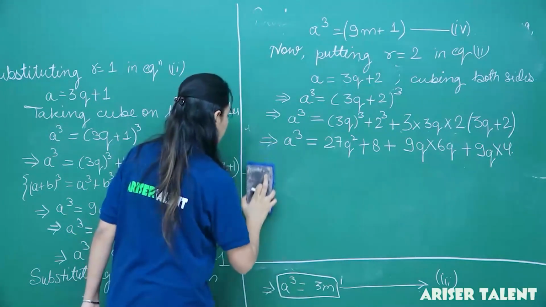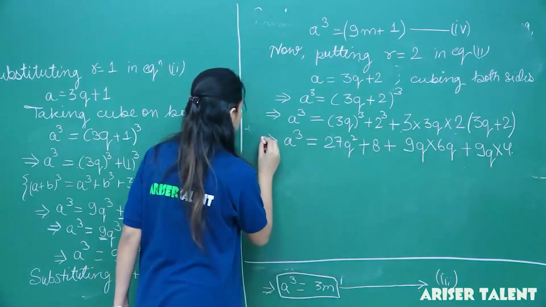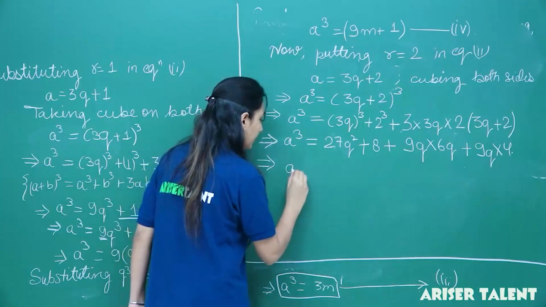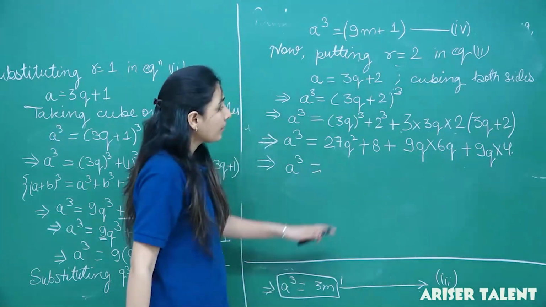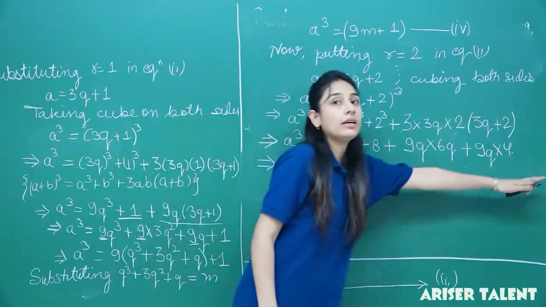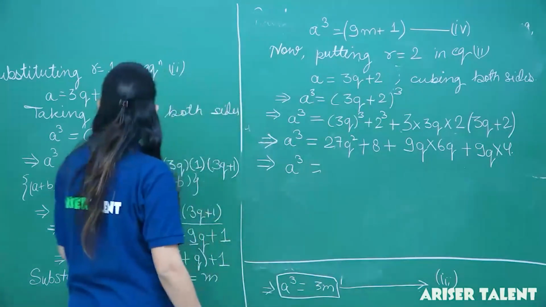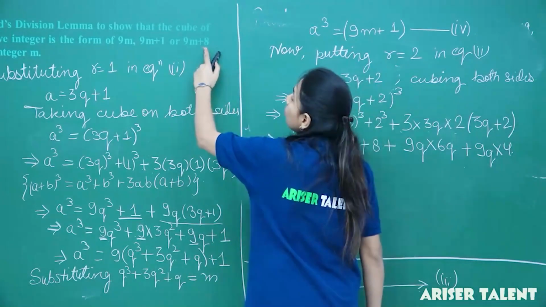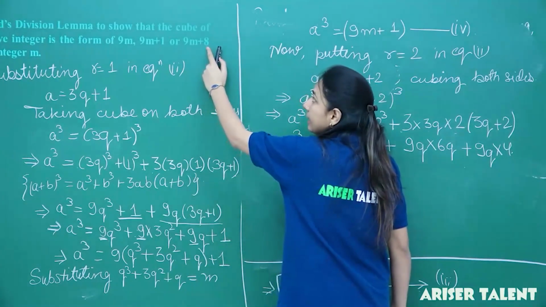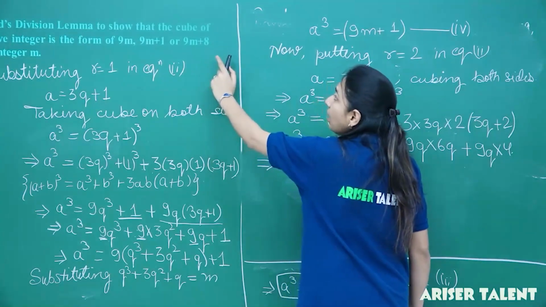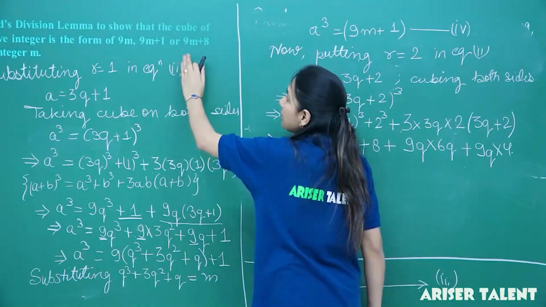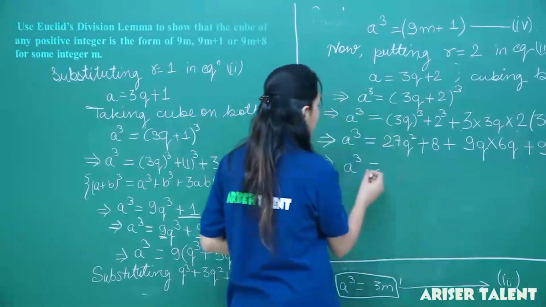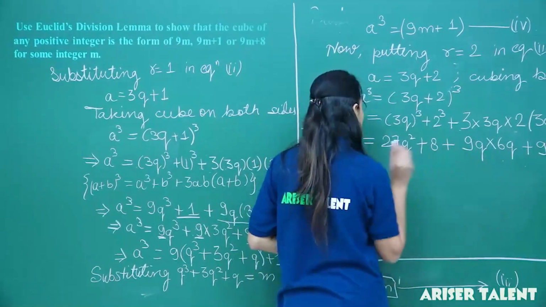Now again solving it, it will become a cube. Look at our question. The last one is 9m plus 8. So we have to take 8 separately and somehow convert the whole expression such that we have the 9m form. How can this be possible? Look here carefully.